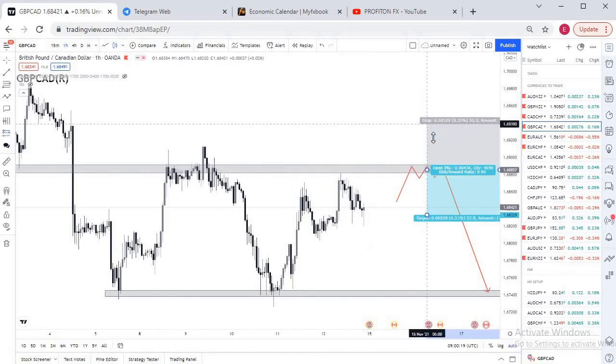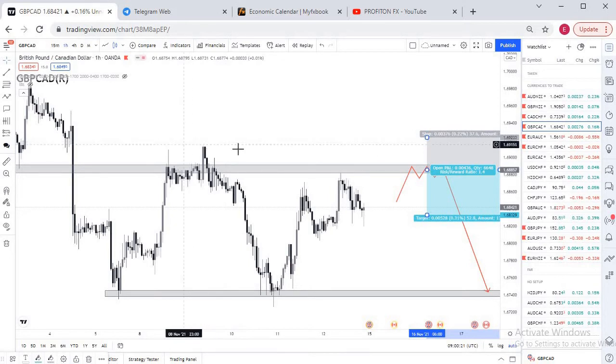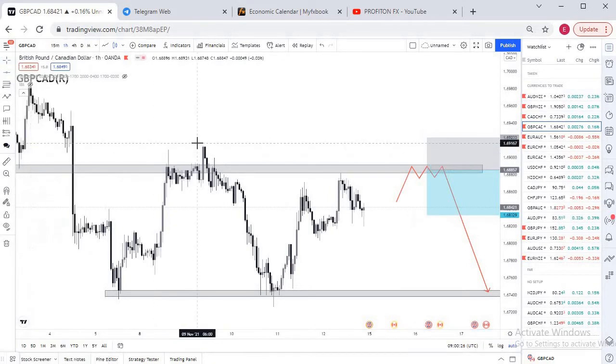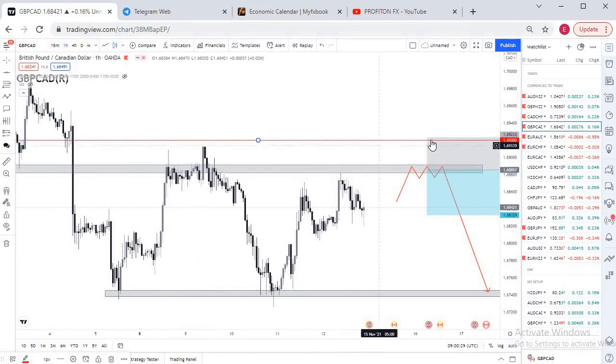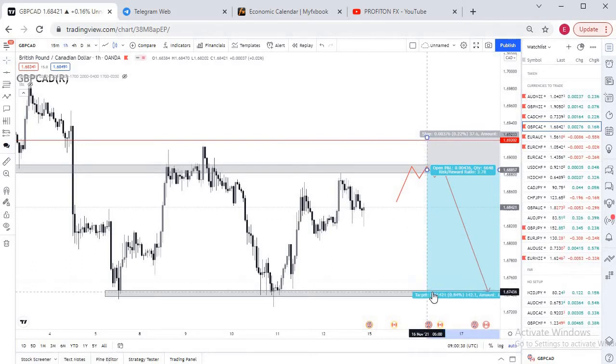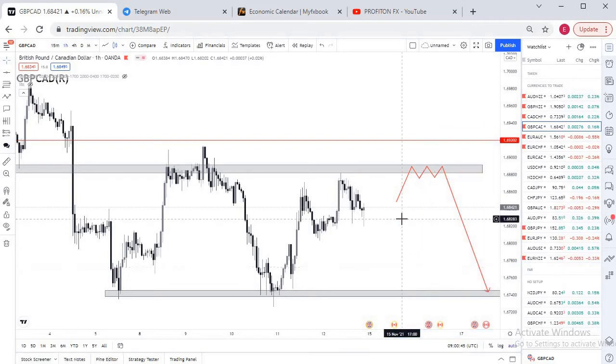I'll make sure my stop loss is above this level here, somewhere around there, at around 69,200. Yeah, that is if we find a good entry. And of course my target will be down below here. Be looking to catch that move.